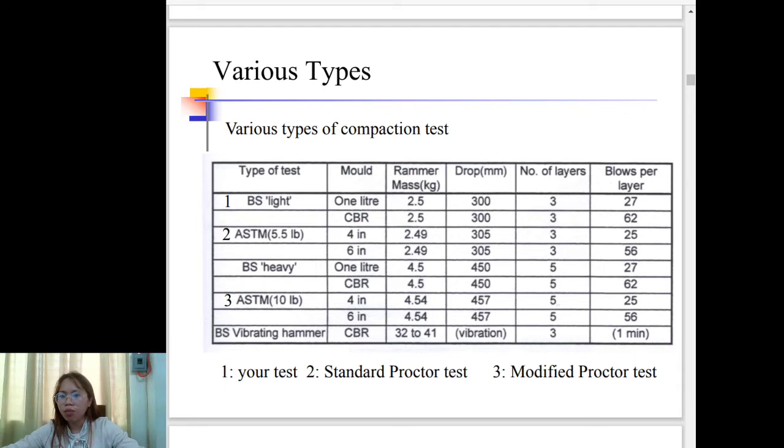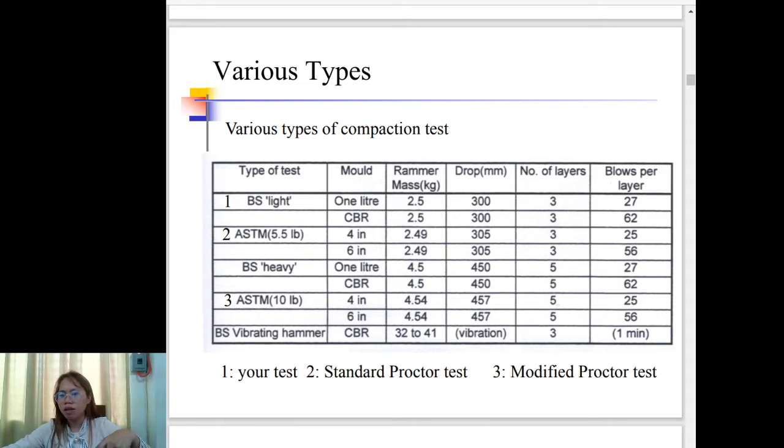So this is for the laboratory. And the rammer mass, this is the hammer mass, the mass that is dropped on the mold.